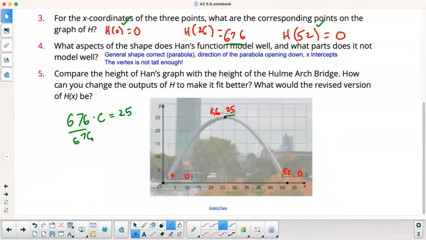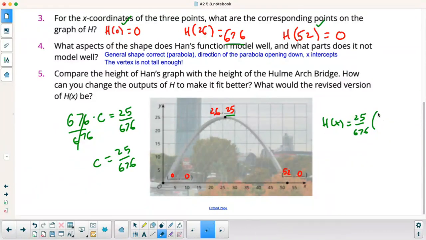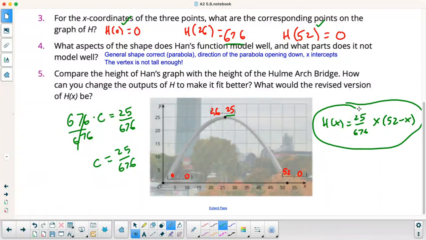So if I just divide, I'm going to get C equals 25 over 676. So if I put that number in front of Han's function, and just multiply that times x times 52 minus x, that should shrink it down far enough to what we want. So that would be what I would do.